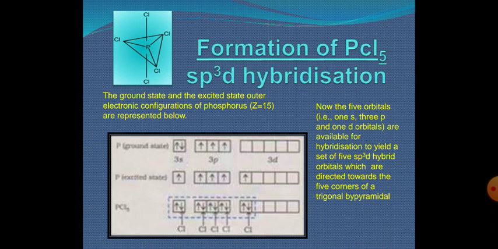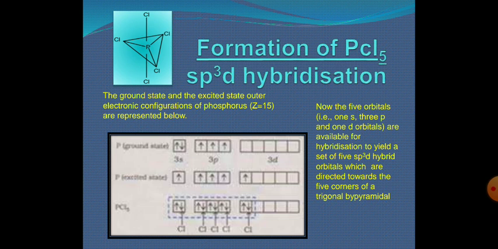There is one s orbital from 3s, 3 p orbitals from 3p, and the remaining one unpaired electron from the d orbital. Each unpaired electron of chlorine combines with an unpaired electron of phosphorus.